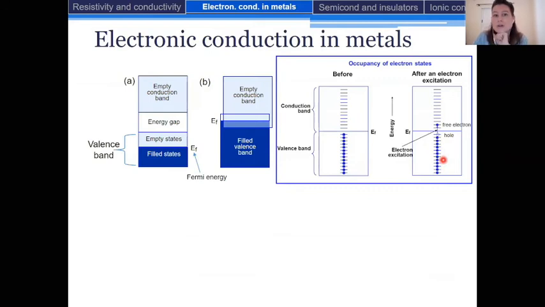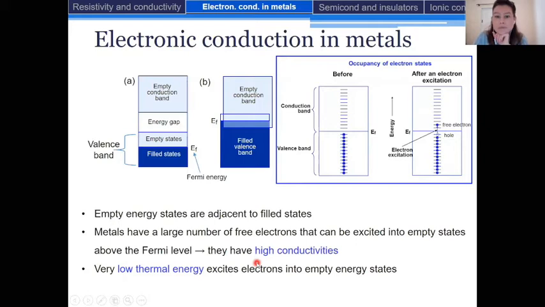So now let's focus on the electronic conduction in metals, in order to understand why they have a high conductivity. In the first two cases that we described, we saw that we have empty energy states that are adjacent to filled states. Here, these empty states are in the valence band, so it is adjacent to this filled state.